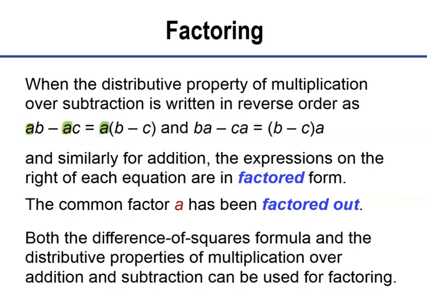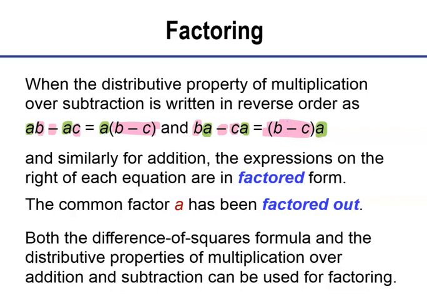And then notice what you're left with, which is B minus C right here. Okay, and then BA minus CA, again, notice what's common to both of those is the A that happens to be written in the back, and that is that A, and then what's remaining is the B minus C, which is right here. Okay, so that is called factoring.